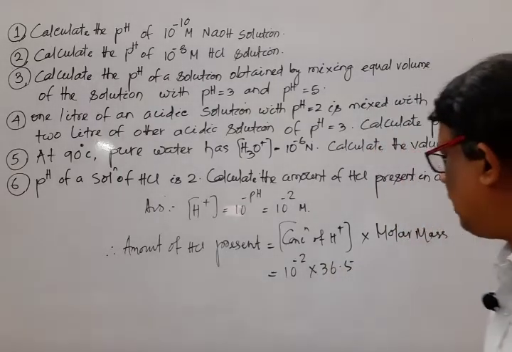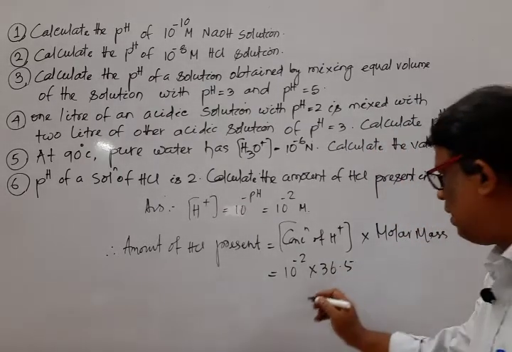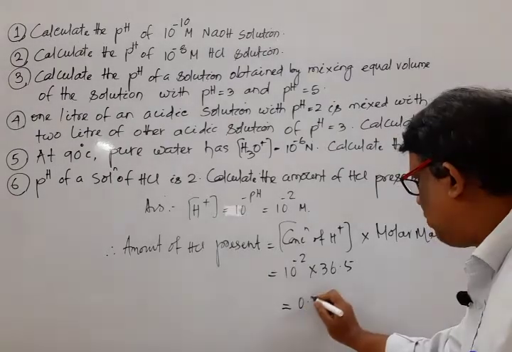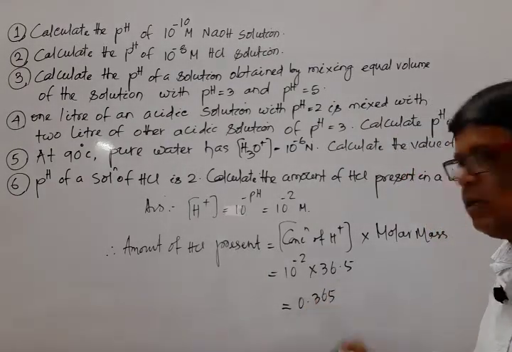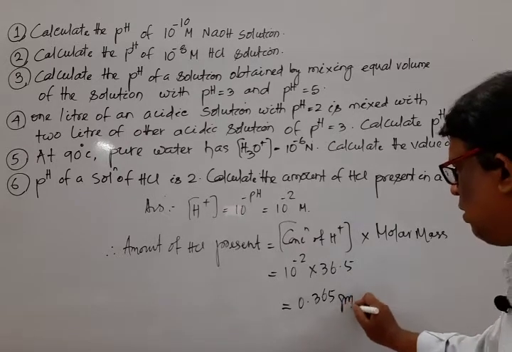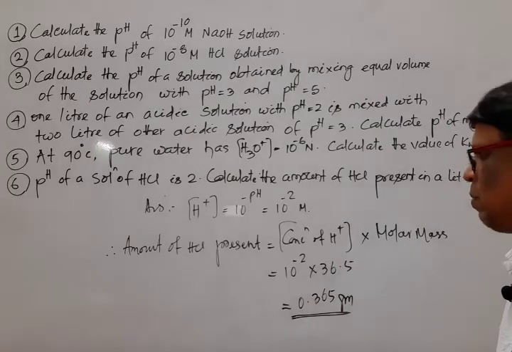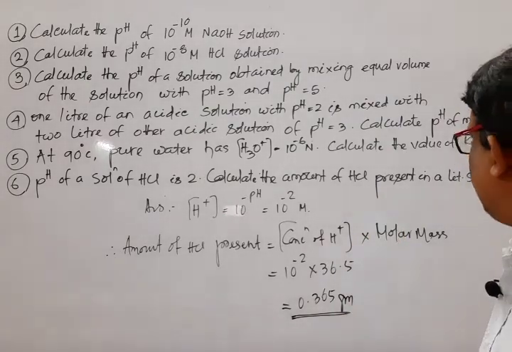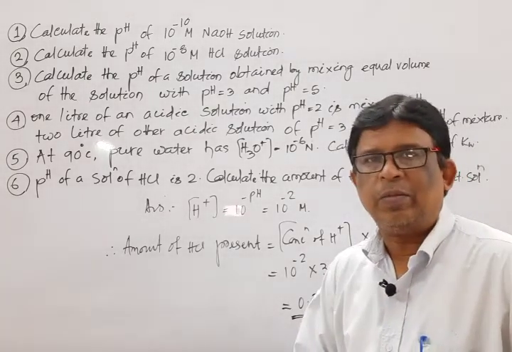The molecular mass of HCl is 36.5, so this is equal to 0.365. This is the gram: 0.365 gram of HCl is present per liter of the solution.